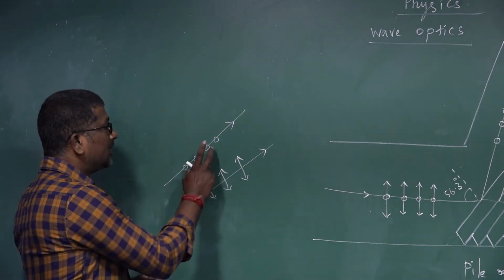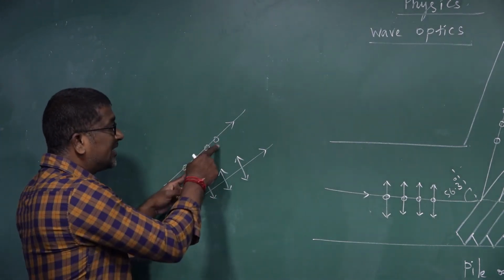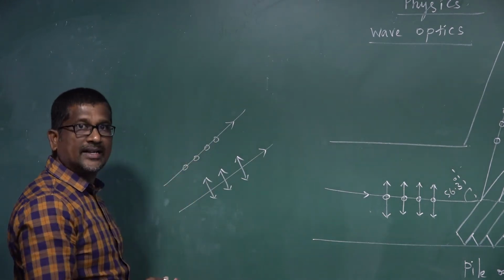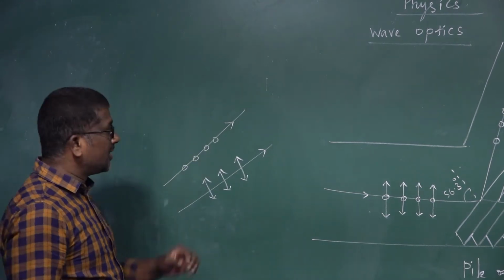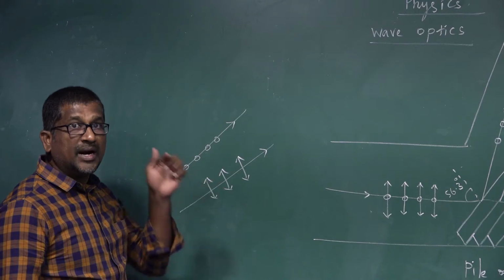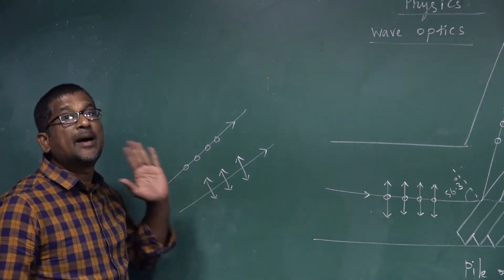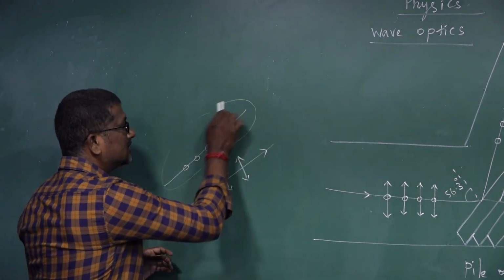This diagram shows plane polarized light which contains vibration in only one direction, perpendicular to the plane of the board, or the plane of the paper, and it is represented like this.